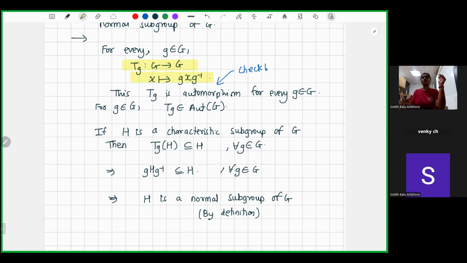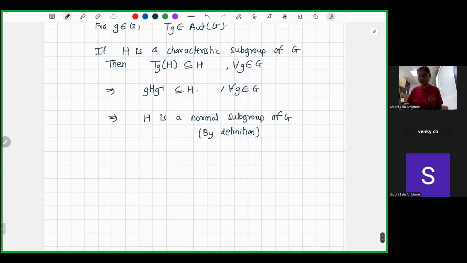They give automorphisms on group G. And in case of an abelian group, this T_g actually becomes the identity automorphism. So the catch here was just checking that this T_g is actually an automorphism. Please check that this is injective, surjective, bijective, and so on. Okay, you can check this.